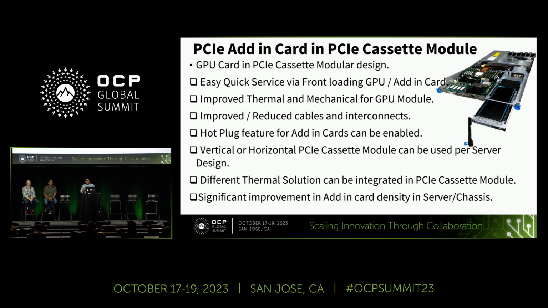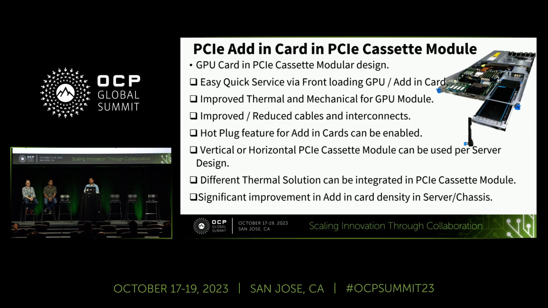We also looked into a hot plug feature. With this design, there is the capability of adding hot plug, which we were looking into in more detail, and we can enable the hot plug functionality with this cassette modular design moving forward.